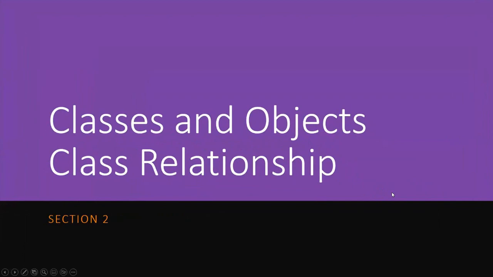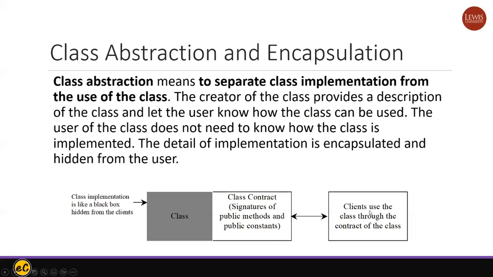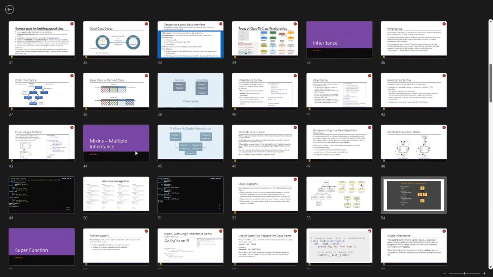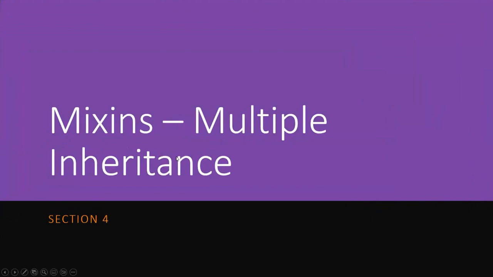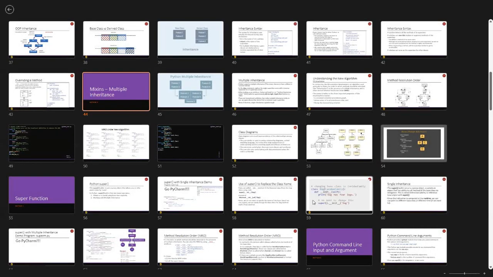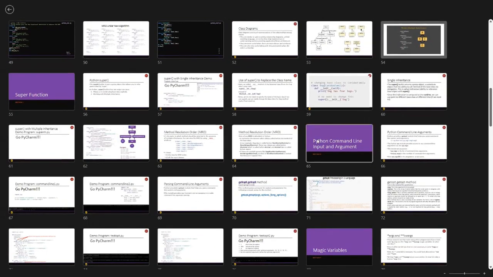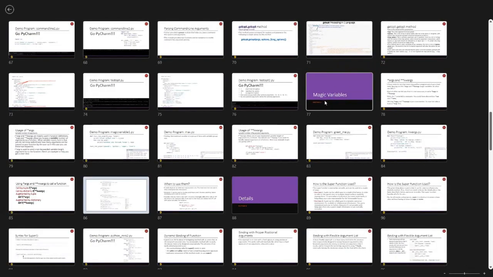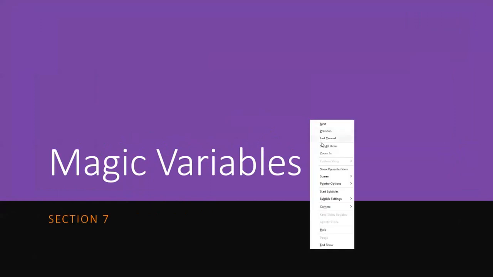This chapter is primarily on the class-to-class relationship and how to design a class well. We also talk about mix-ins, multiple inheritance, the Python command line, and magic variables.